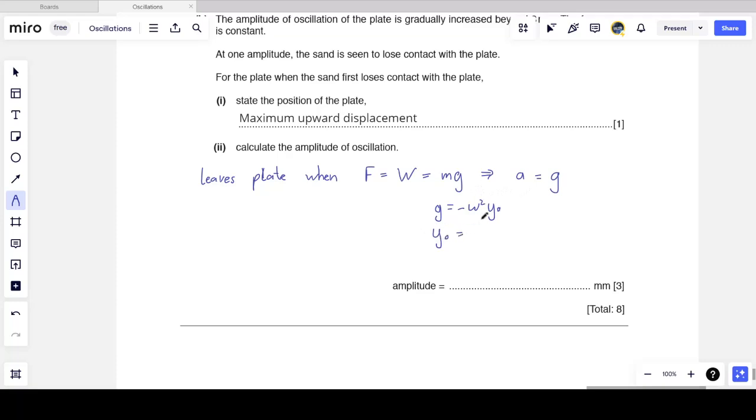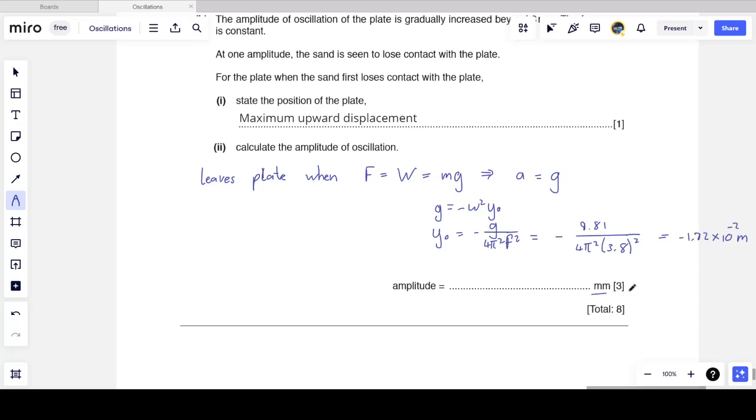And so y naught is equal to minus g divided by 4 pi squared f squared, and this is minus 9.81 divided by 4 pi squared times 3.8 squared, and I get this to be, I can drop the minus sign, 1.72 times 10 to the minus 2 meters.